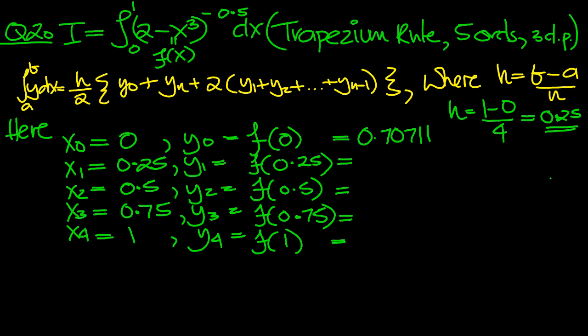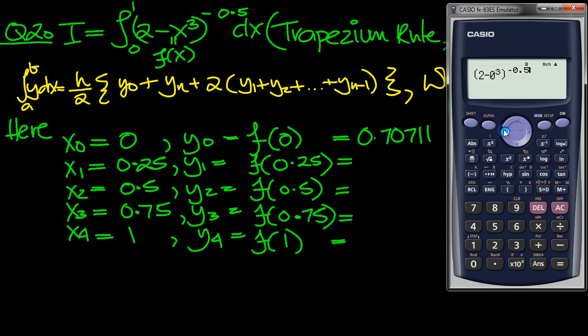Let's put the next point in now. That makes life easy for the next point, because we're going to put in 0.25. So instead of 0, we replace that with 0.25. There we go. 0.70989, isn't it?